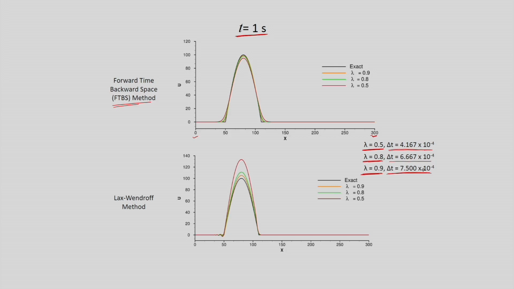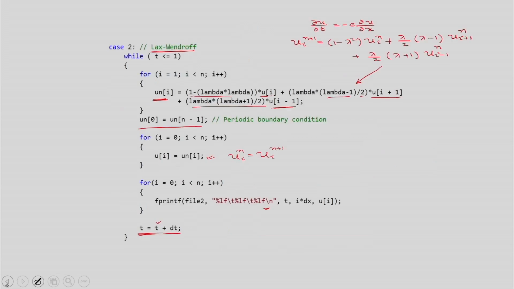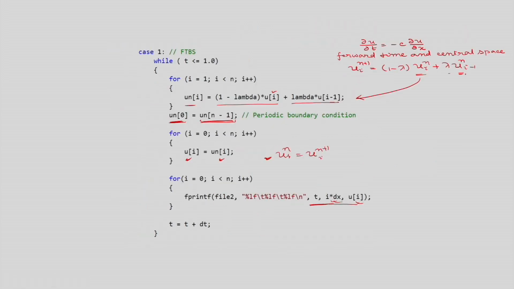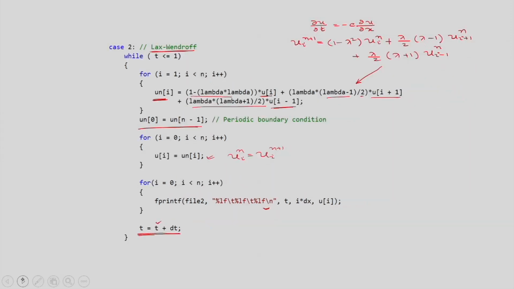Now, if you go back and see the discretized equation, if λ is close to 1 or equal to 1, what will you get? You see u_i^(n+1) is equal to u_(i−1)^n. So this is the exact solution. Similarly, in the Lax-Wendroff method, if you put λ equal to 1, then these terms will vanish.